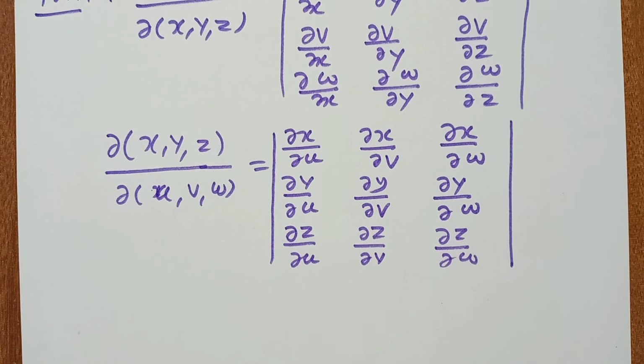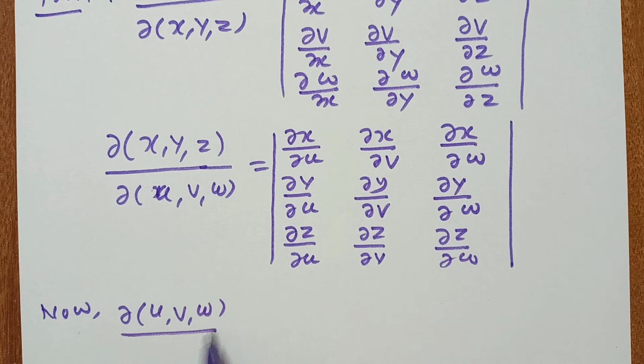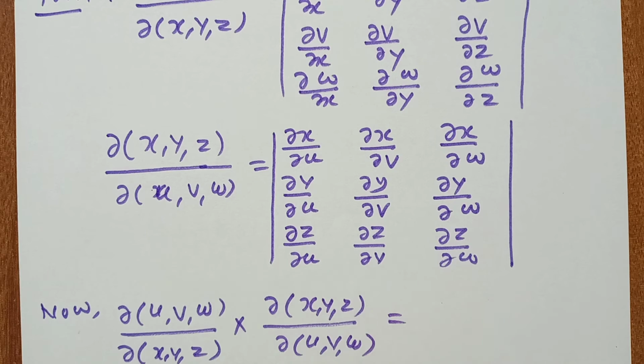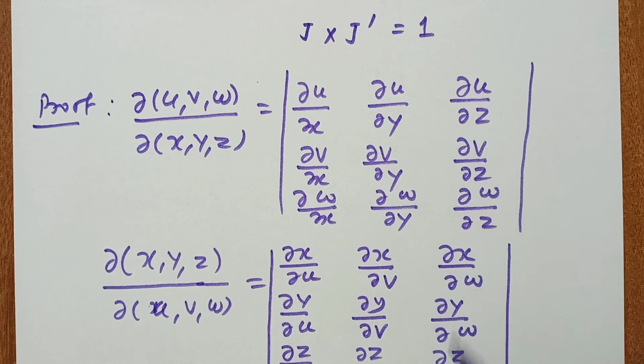So now multiplication means del u v w upon del x y z into del x y z upon del u v w is equal to the product of these.